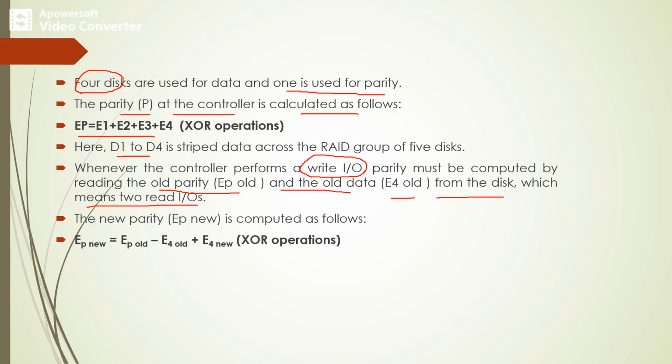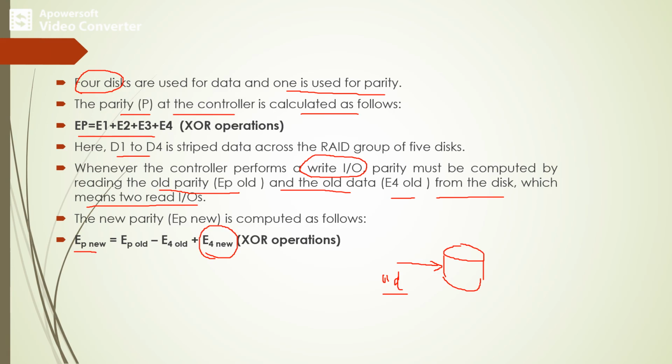Now within the disk, suppose I have to update some information. Here I have to perform 2 read operations as well as 2 write operations. That means initially I have to read the old data as well as the old parity value, and I'll have the new data, that is E4 new, and I have to compute the new parity.